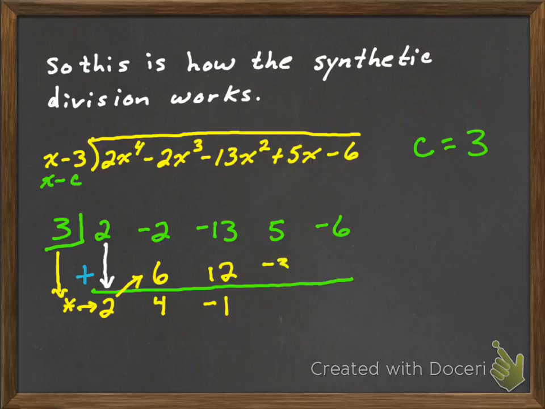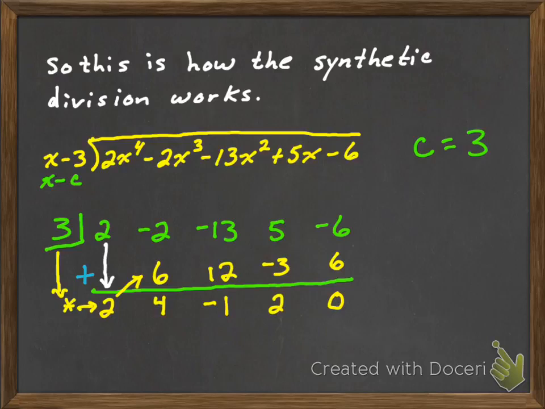So that's -3. Add these two numbers together, which is 2. And then 3 times 2 and put that answer here. And then finally add these two numbers together, which is 0. Now, a 0 on the end means that there is no remainder on this particular problem.